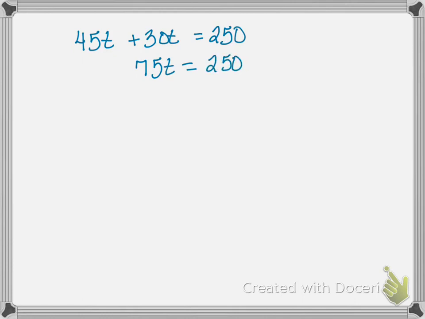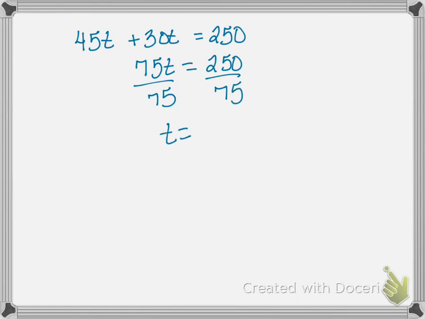So I have 45t plus 30t equals 250 miles. So 45t plus 30t is going to be 75t, and that equals 250. I divide both sides by 75, okay?